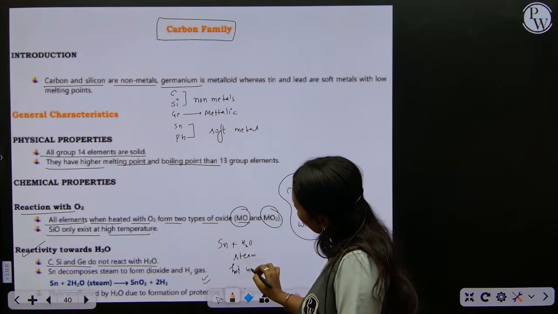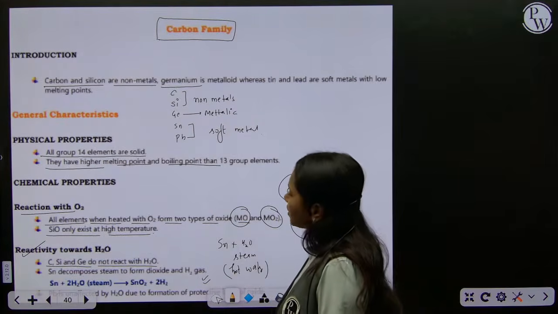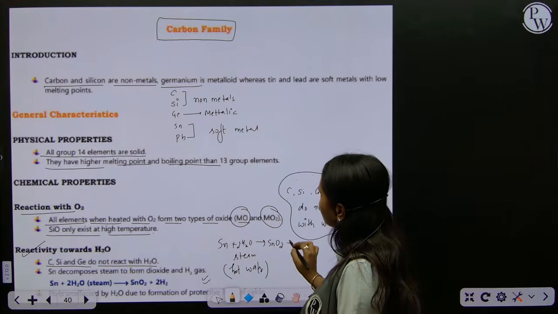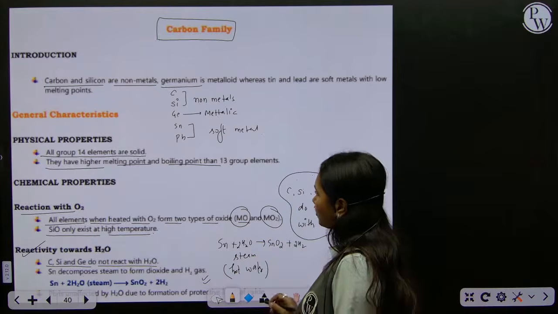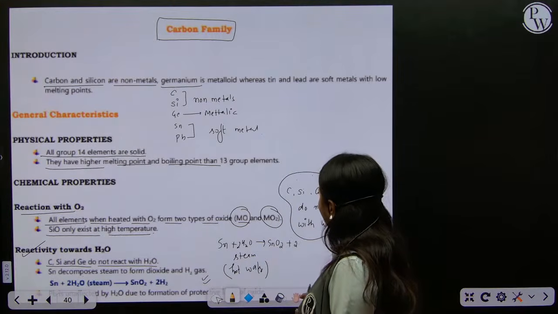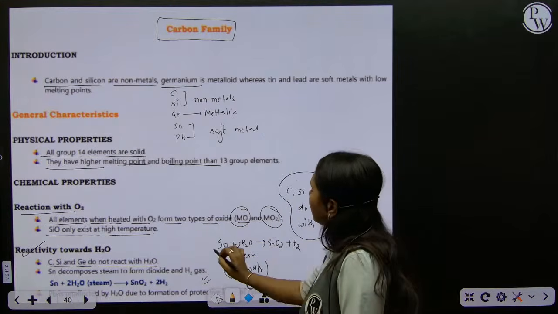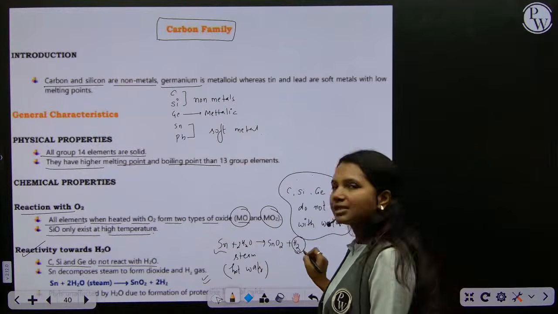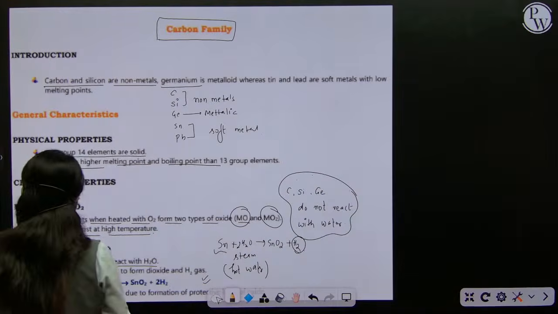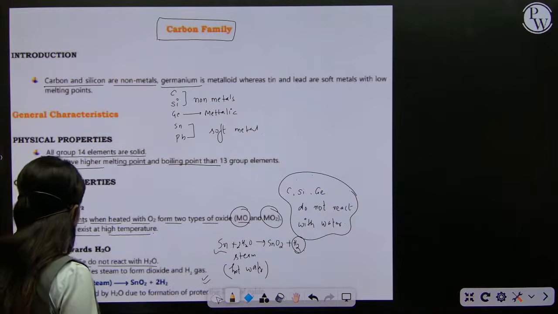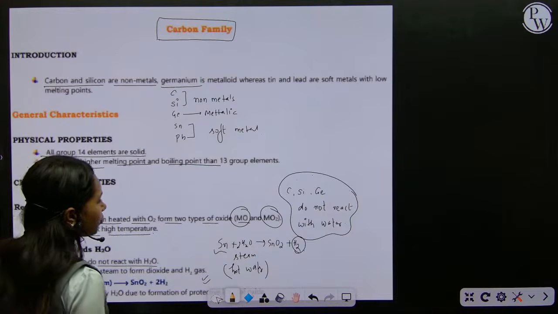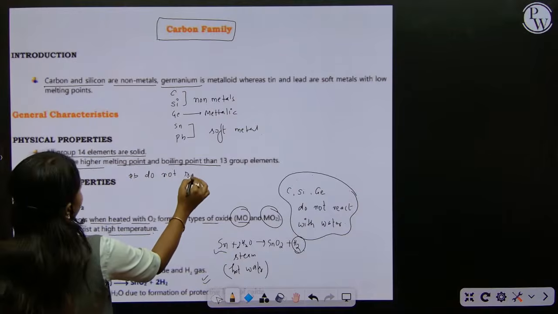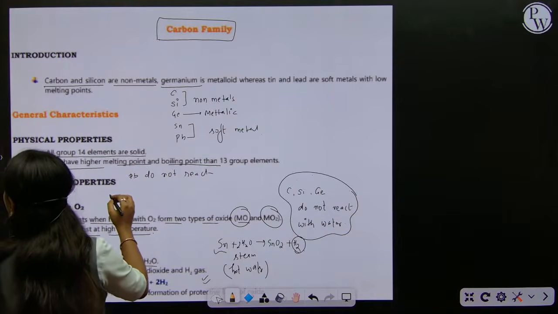Steam means hot water. With steam it reacts to give SnO2 and H2. Now, lead is unaffected by H2O due to the formation of a protective layer. Lead does not react with water.